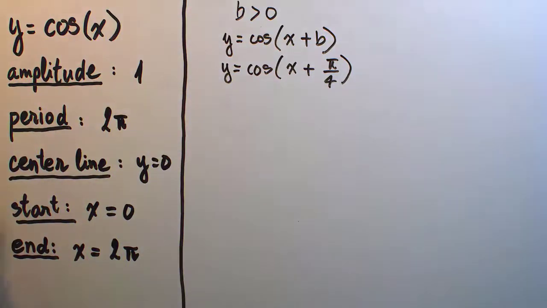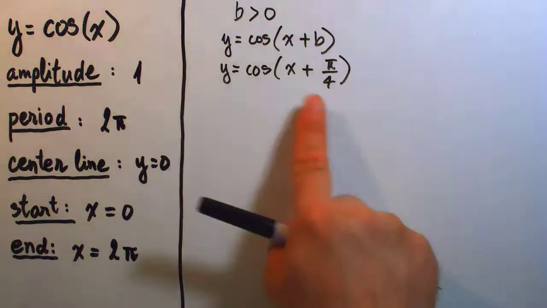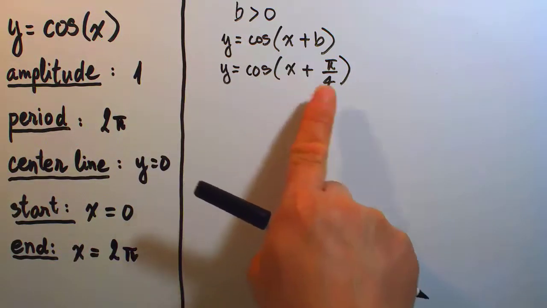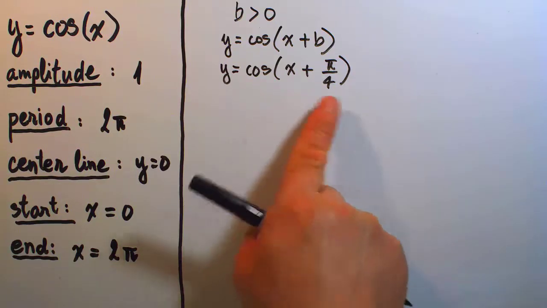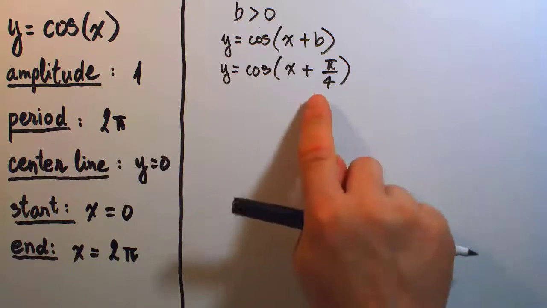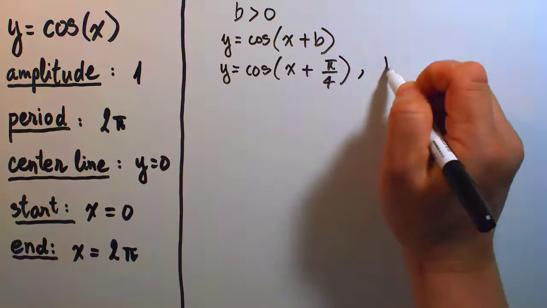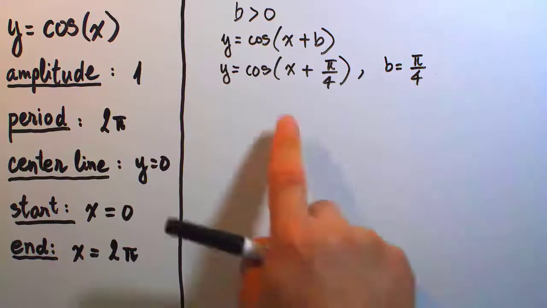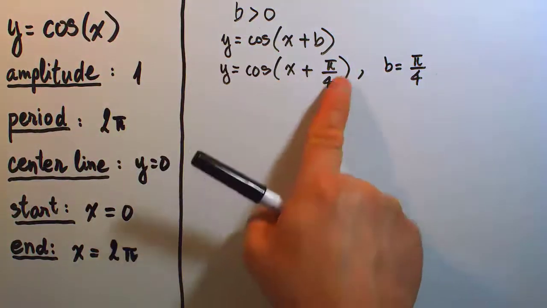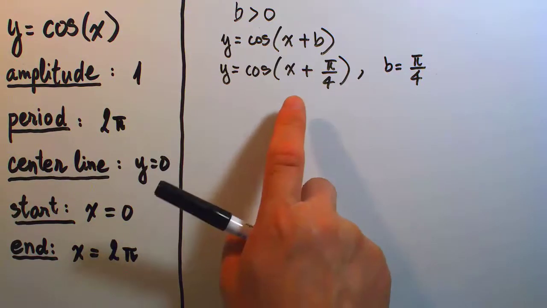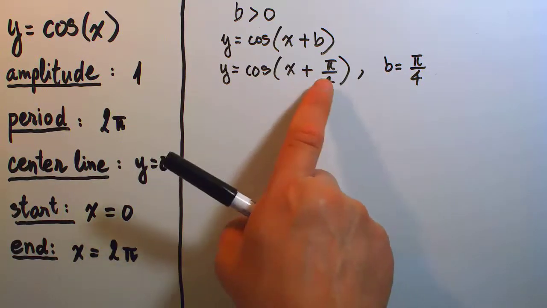The setting, I mean the expression inside of our cosine function, is x plus pi over 4. So our b value is still a positive value, here positive pi over 4. But the setting inside of the cosine function is x plus pi over 4.